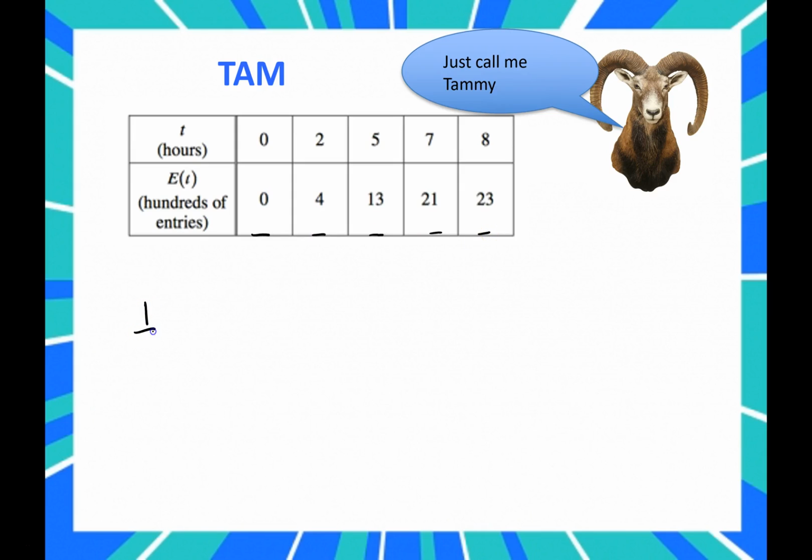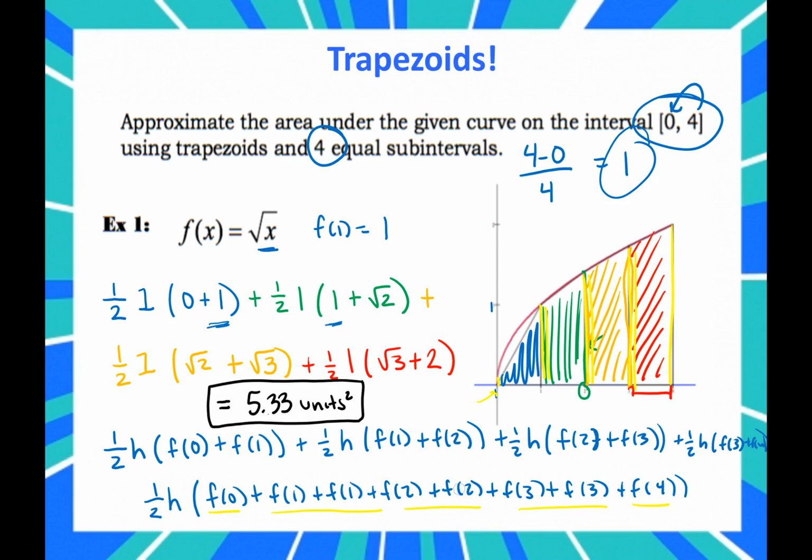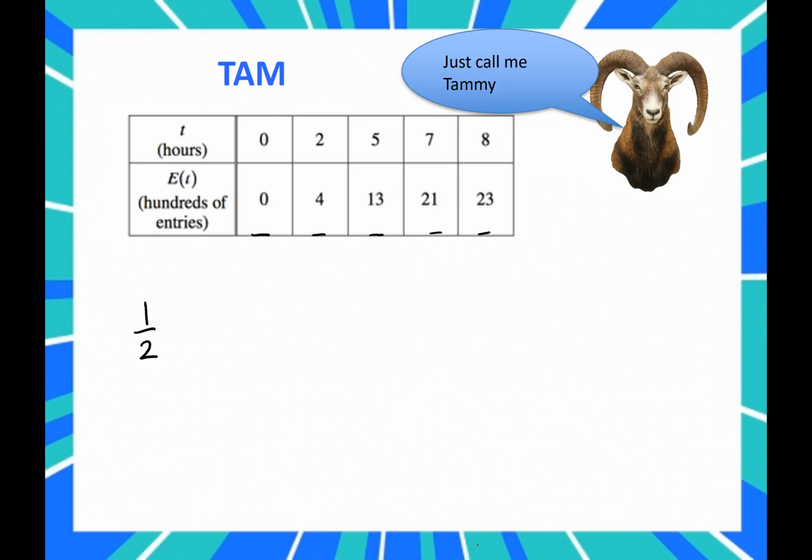So I'm going to have 1/2 the height. Well, the height is actually the distance between the x's right here, from one x to the other x. So in this problem, 0 to 2, that's going to be a height of actually 2. Now my base length is going to be 0 plus 4. Again, those are your y values.